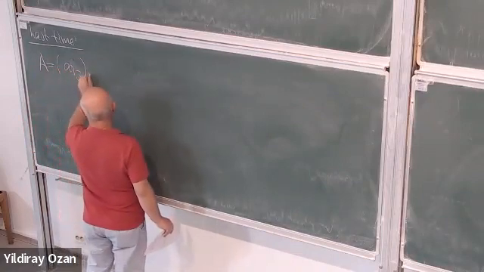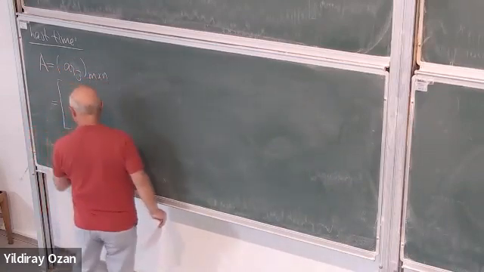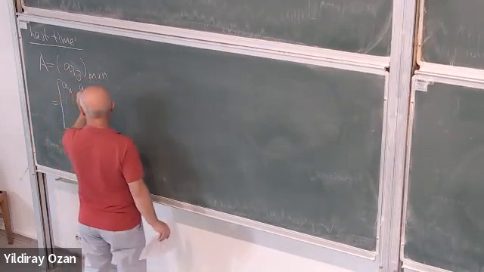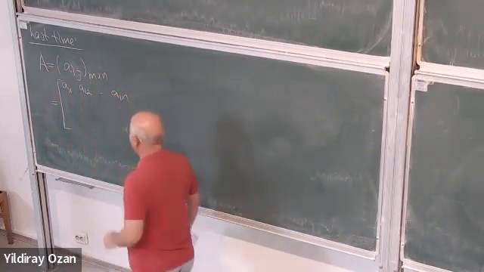Suppose this is an n by n matrix, meaning that we have entries like A11, A12 up to A1n.